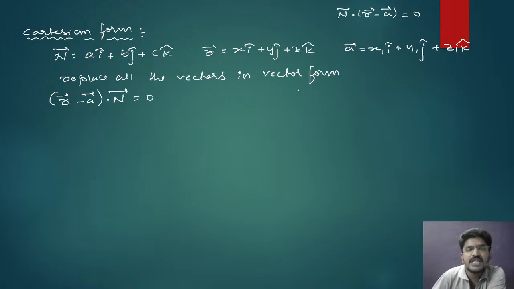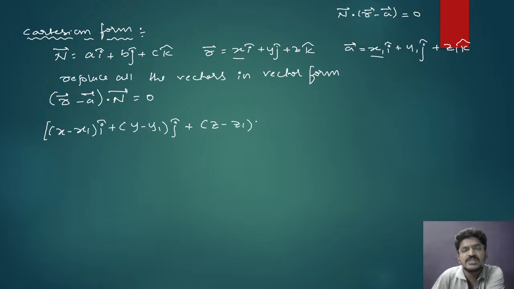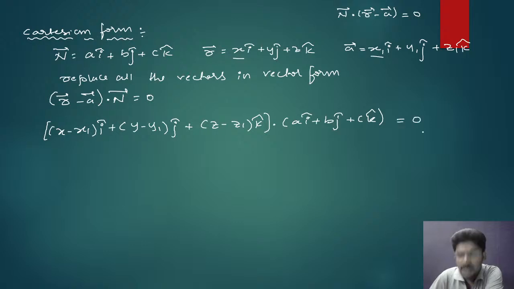So here r minus a, simplify r minus a, xi cap minus x1 i cap, that will be x minus x1 i cap plus y minus y1 j cap plus z minus z1 k cap dot with what is n, that is ai cap plus bj cap plus ck cap, and it will be equal to 0.